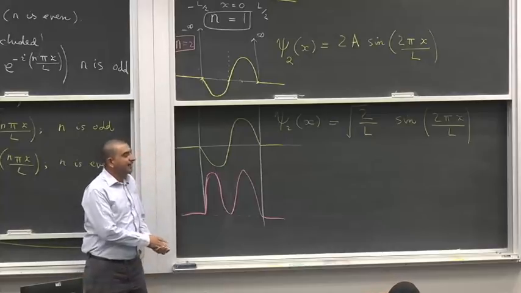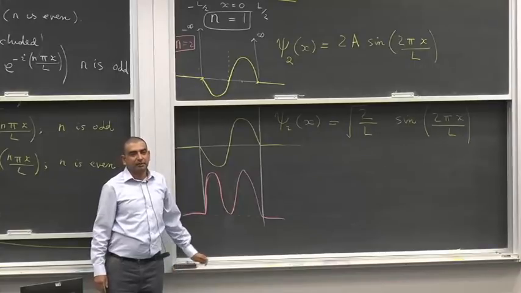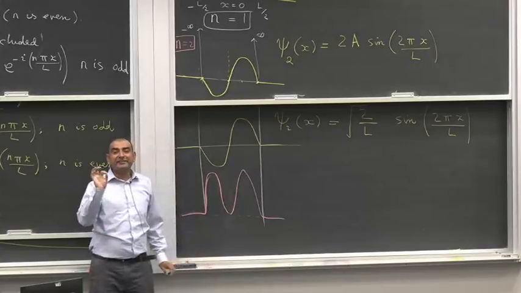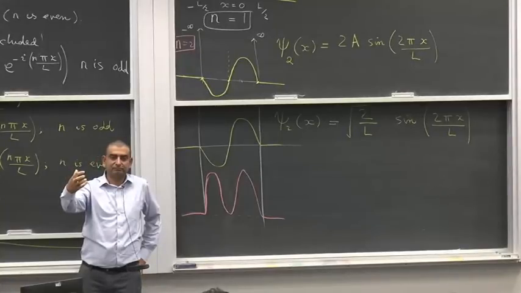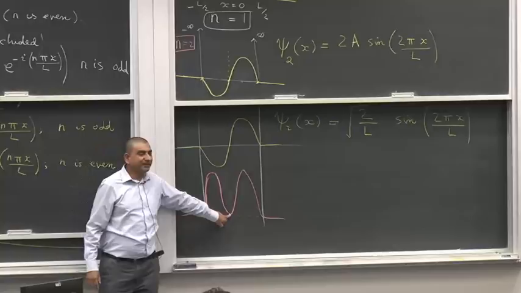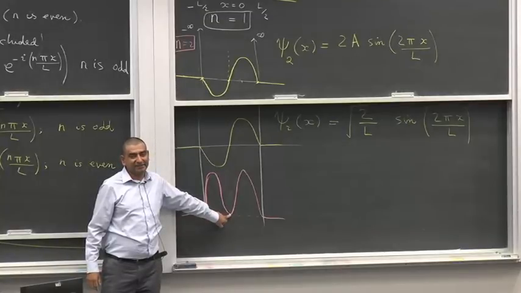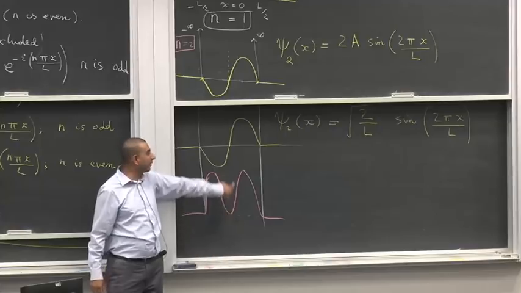I will get a sine squared function. Now, if the particle is in the n equals 2 wave function, then there is 0 probability density near the center. There is very little probability density near the center because there's a node in the wave function at the center.